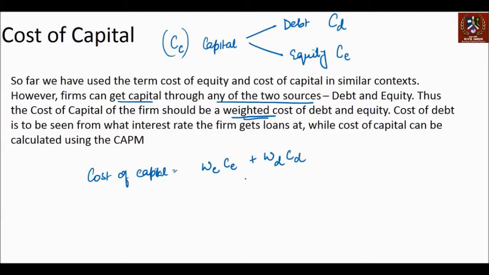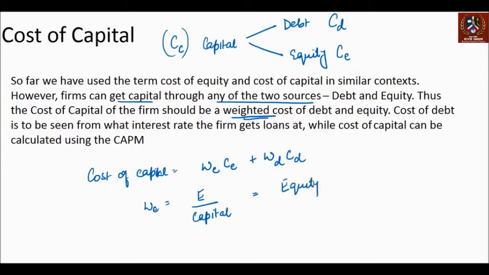Correct? Now, weight of equity and weight of debt are in proportion to the equity and debt in the overall capital of the firm. So if I have to calculate weight of equity, how do I calculate that? That's equity divided by overall capital. And what is overall capital?